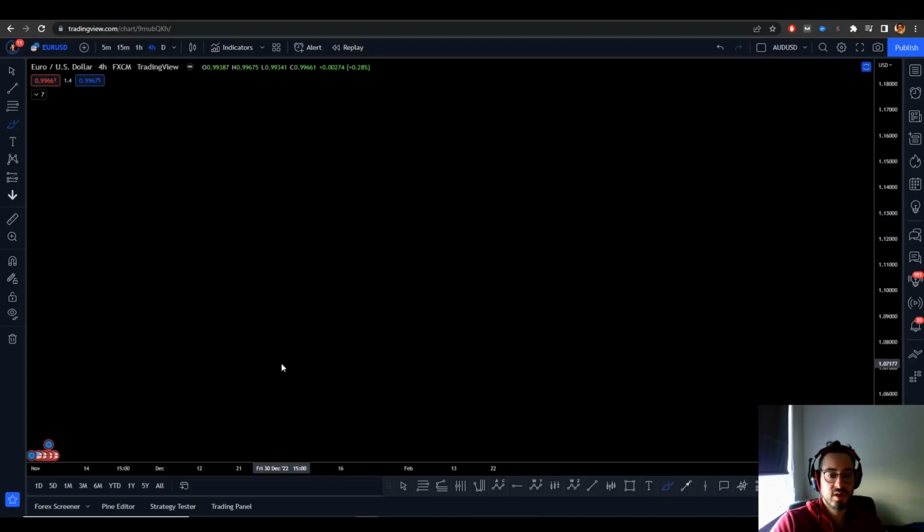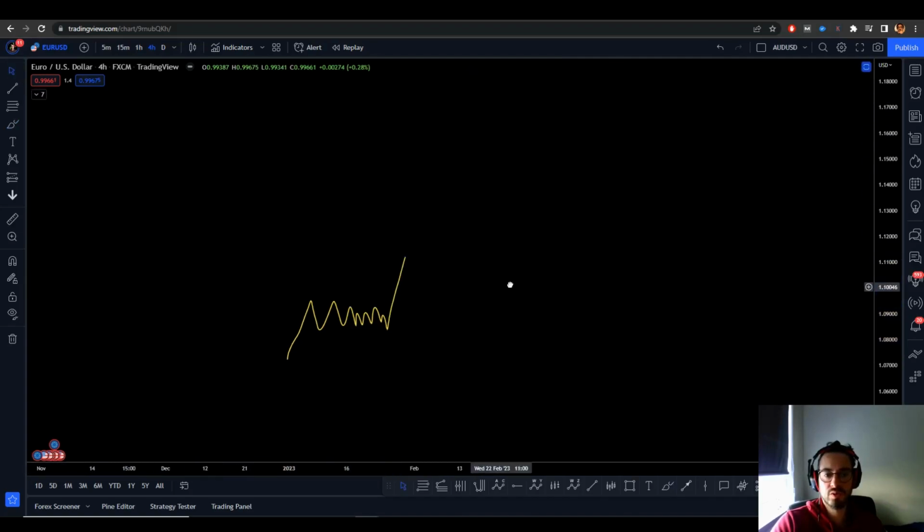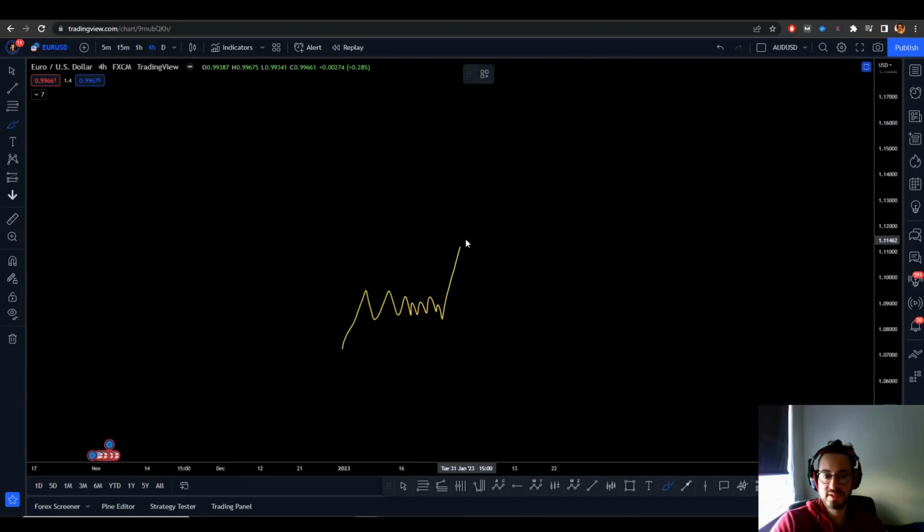When the market is setting up, something like this, then it pushes up. How do you know whether this move up here is an impulse, a wave, a leg, or a trend? There's a lot of terminology that can be used to describe the same thing.